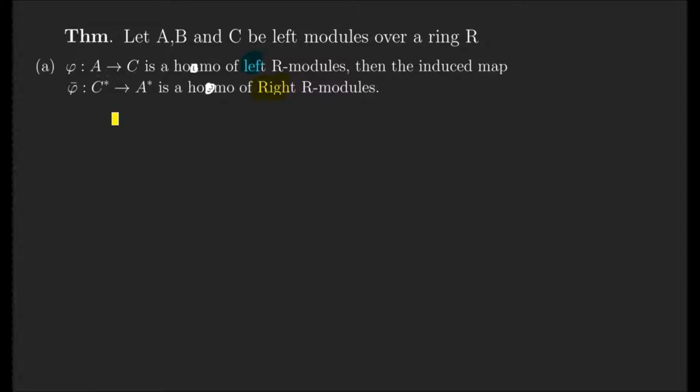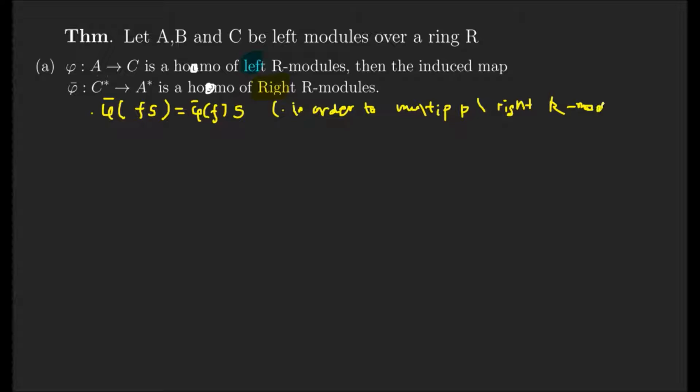We can clearly check that this is well defined, but in order to check the homomorphism in the multiplication part, we must check that the scalar goes to the right side. For the multiplication property of a right R-module, we should check that the scalar is on the right side.